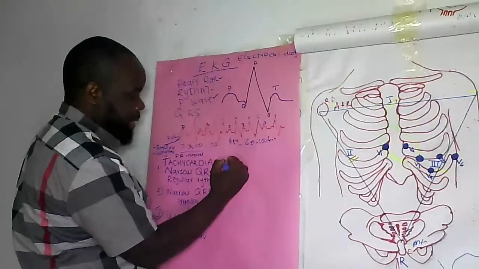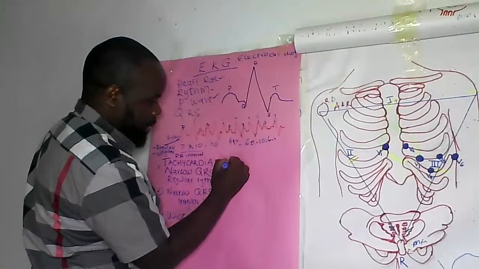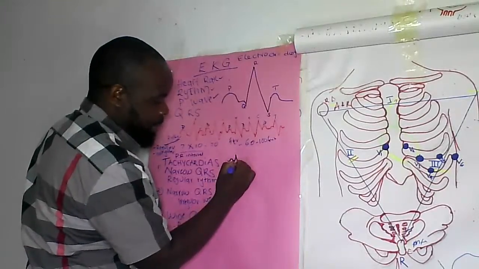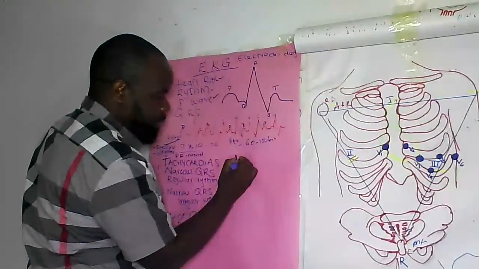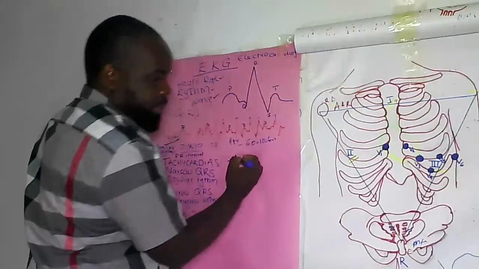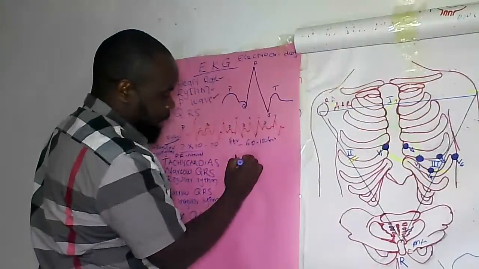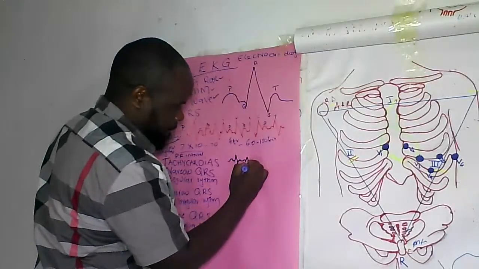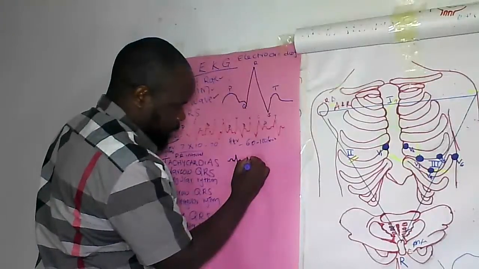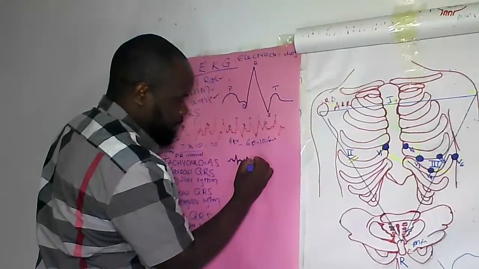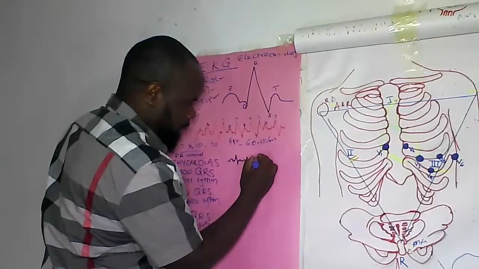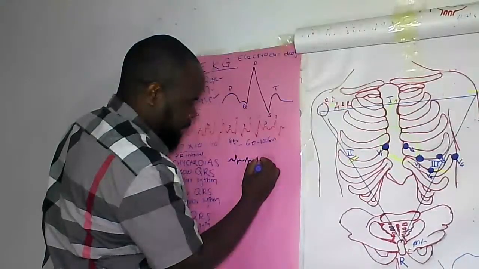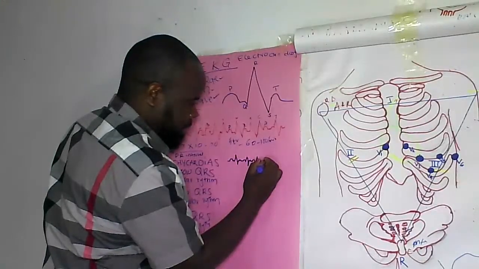You're seeing something like a P wave going up, we come down, go to our T wave, and then you have the P wave, go there, come down, come to our T wave, P wave.